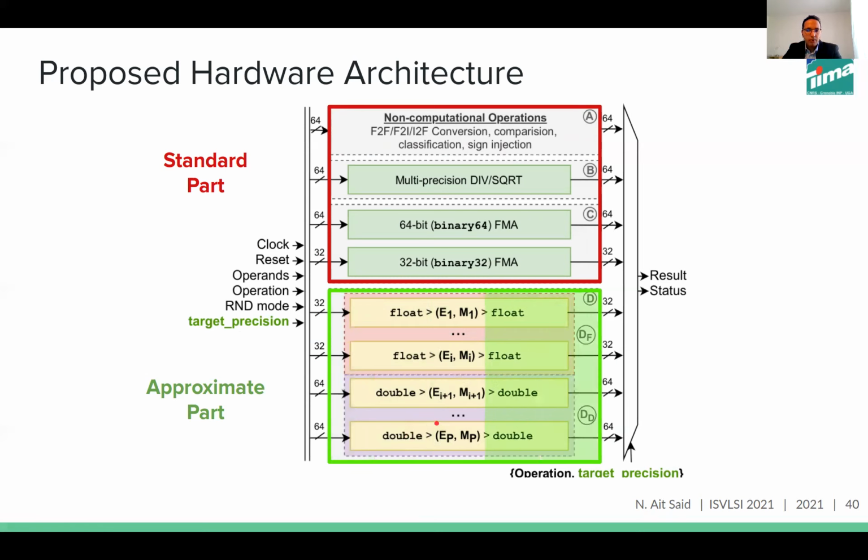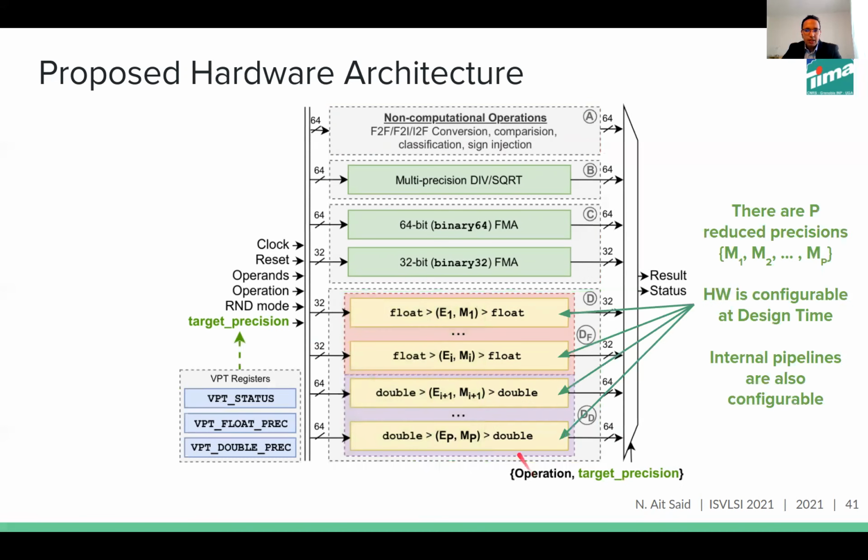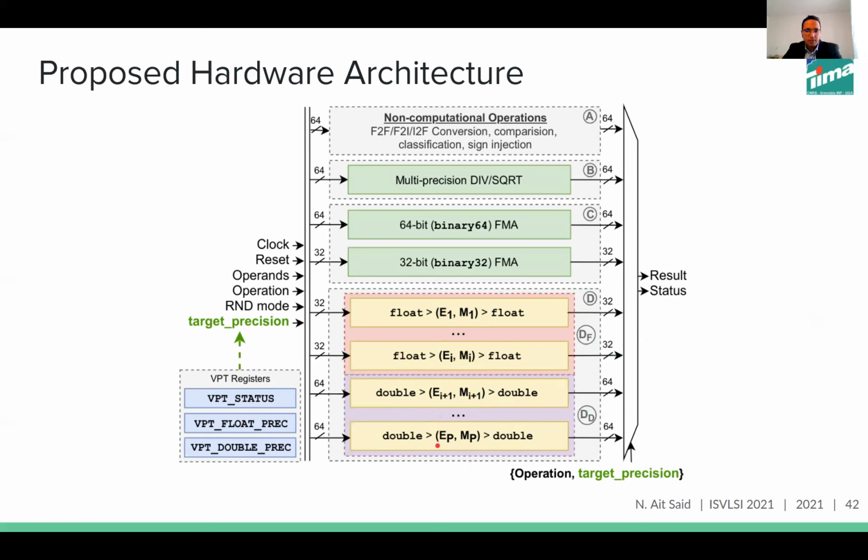And then we also have an extension block which allows converting the result back to the original format. The RTL is written in SystemVerilog and is parameterizable at design time. The pipelines inside these blocks are also configurable at design time.